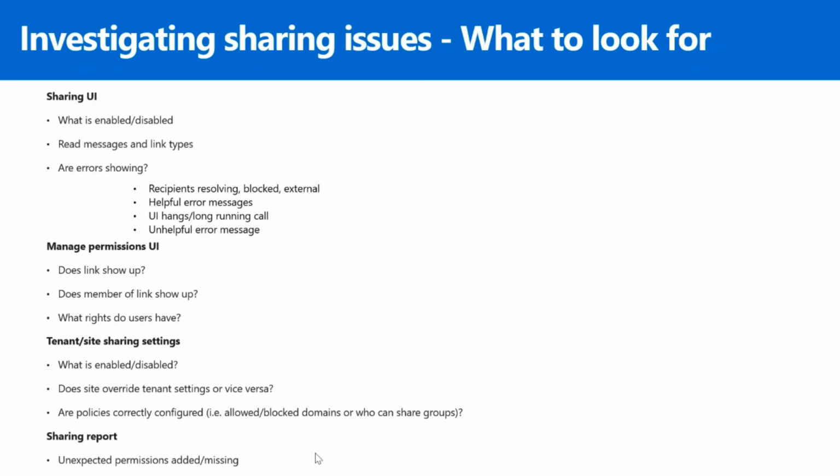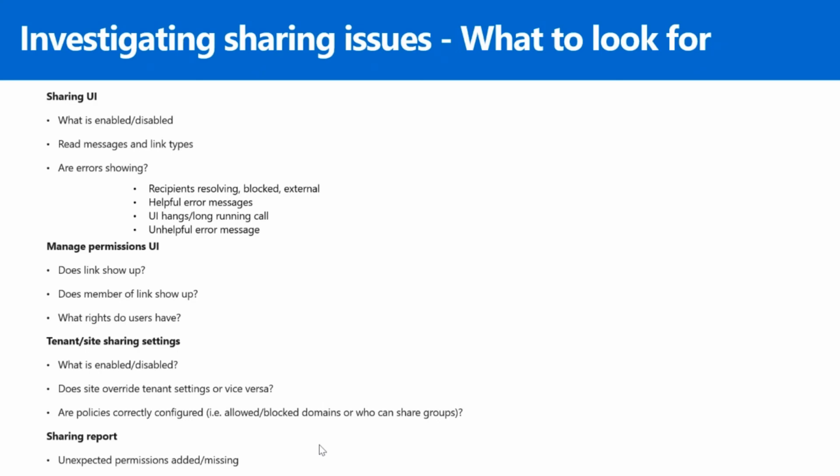And then as an admin, you can also look for the sharing report. This is something that is maybe not so well known, but a sharing report can be pulled for any site to figure out what permissions that user or group of users have on whatever was shared with them.